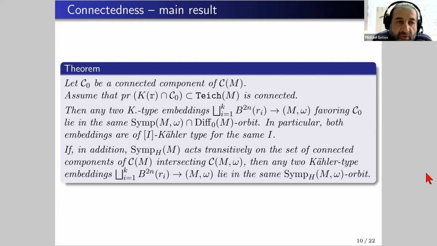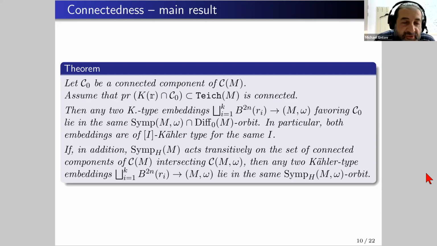You can map any of them into any other by Symp H, if you know that Symp H acts transitively on the set of such connected components.